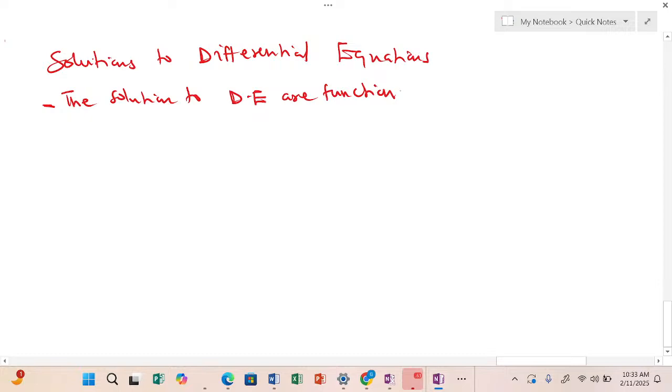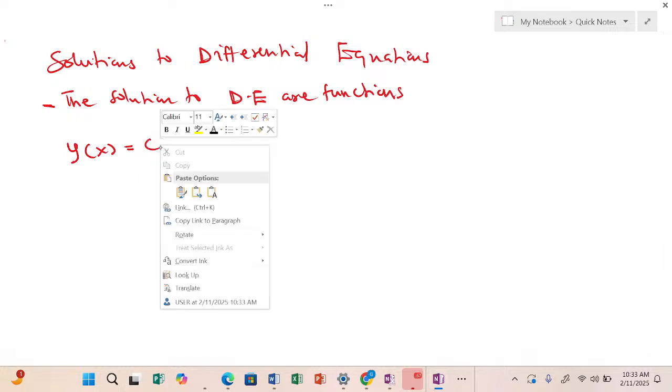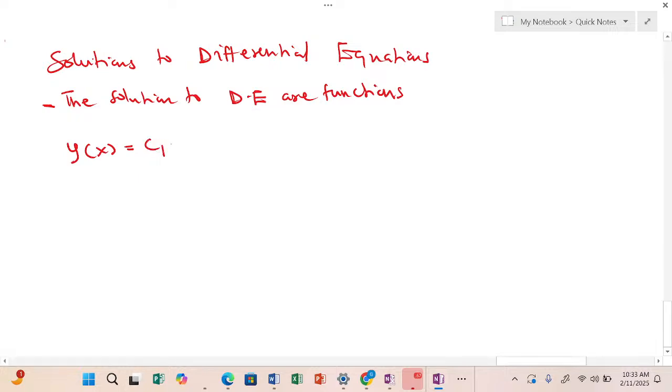We have to take note of this. So here I'll be taking one example. Let me say we have this differential equation, y(x) is equal to c1 cos x plus c2 sine x, with c1 and c2 being arbitrary constants.